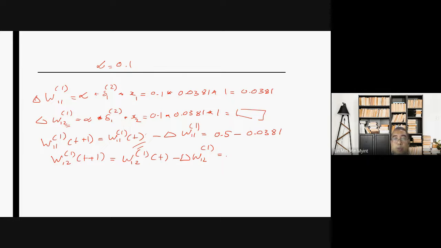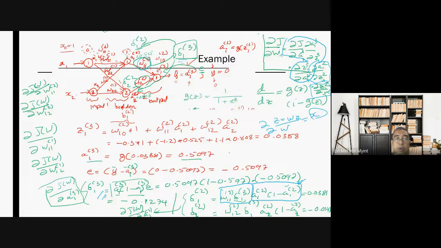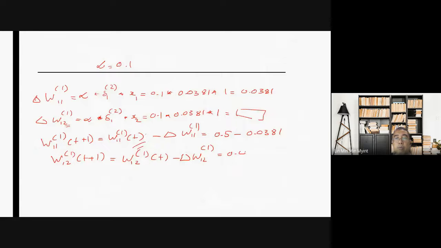Similarly, W121 at T plus 1 can be updated from W121 at T minus delta W121. This will be equal to 0.4 minus whatever you find here. And also similarly, W101 also you can update it. For W101, I haven't found it yet.